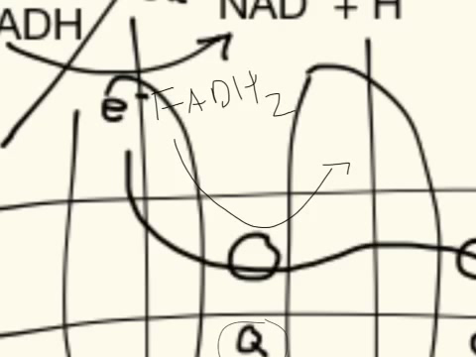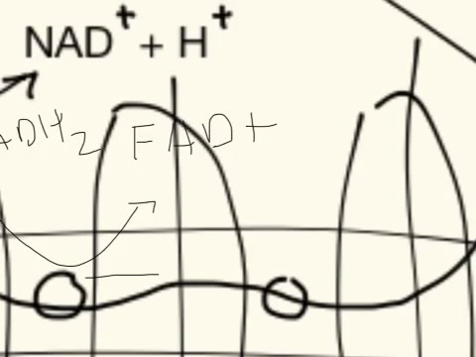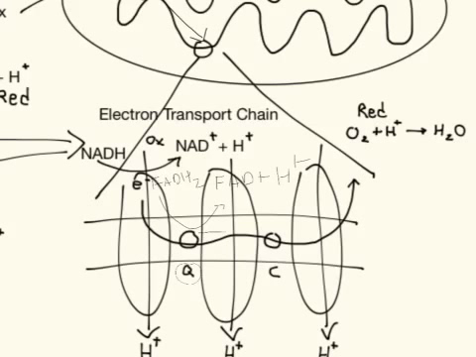Through the same process of oxidation, it becomes FAD plus H plus. So this is what occurs through FADH2 and NADH.